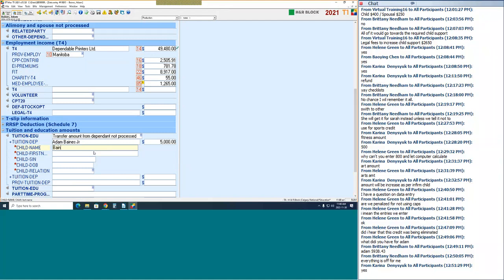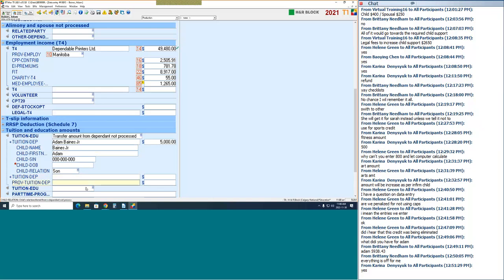Then it's going to ask for a whole bunch of information. So I'm going to say Baines Jr., Adam. SIN number for the child you will have to get, whatever it is. I'm going to put zeros in just so that I can do this for now. I need the date of birth of the child, something that would make sense, and the relationship of the child. Is it your daughter, brother, sister, niece, nephew, son, and so on? This would be son.